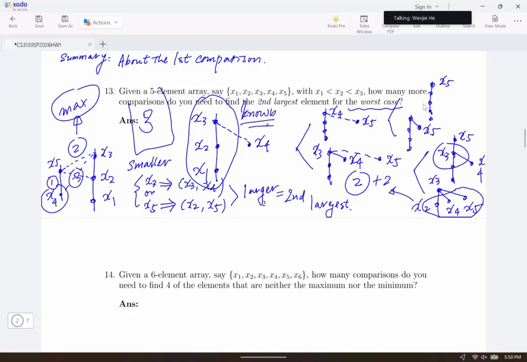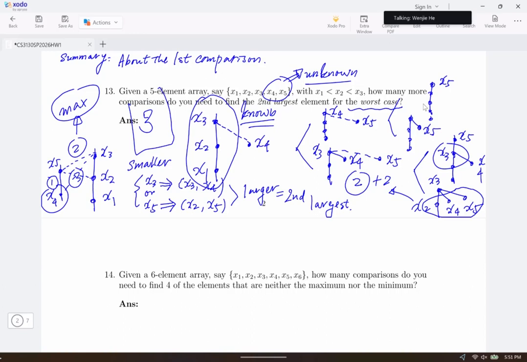Then the remaining two elements, x4, x5, are completely unknown, right? So we do not have any information about x4 and x5. So that's the starting point, the situation.